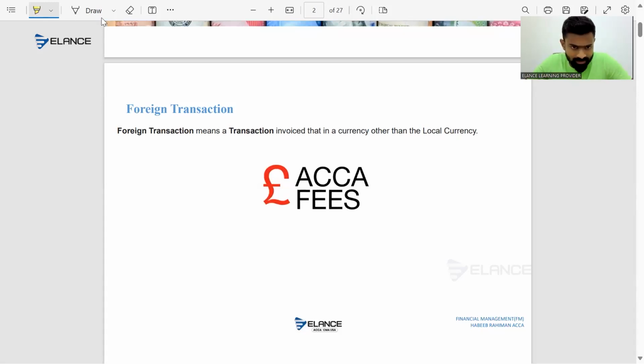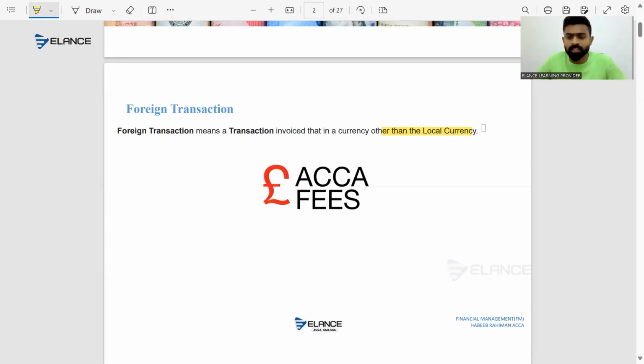So in this forex risk chapter, we are only exposed to forex risk if the invoices are in a currency other than local currency. Assume everyone is in India and we are an Indian company.